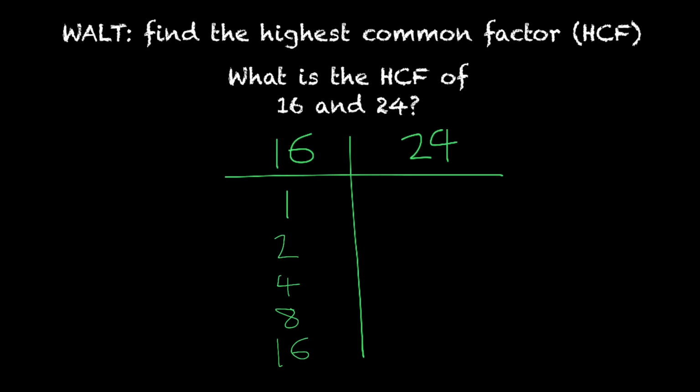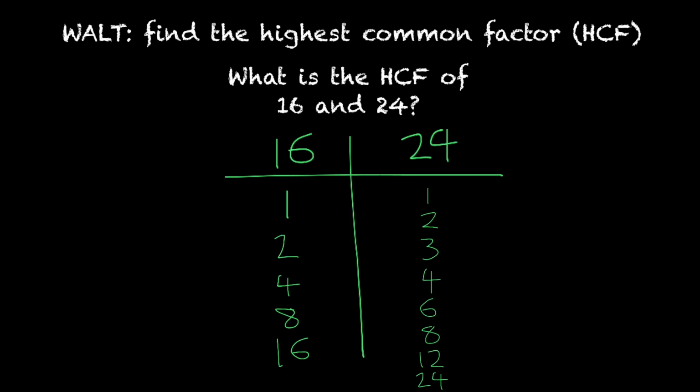And on the other side for 24, we've got 1, of course, 2, we've got 3, for 3 times 8, we've got 4 times 6, that means we've got 6 as well, we've got 8, we've got 12, and we've also got 24, for 24 times 1. Quite a lot of factors on that side.